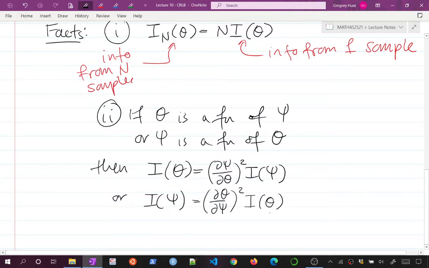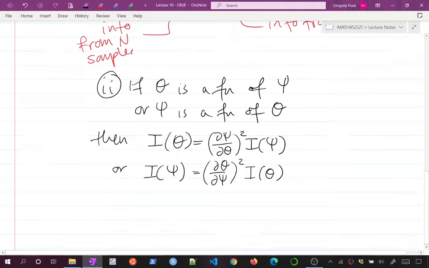So we can go back and forth between them, and all it involves is the derivative of the functional relationship one way or the other, and then you multiply by the information. So the information is tightly related through this square of the first derivative. So this allows us to talk about information of not only the parameter, but other parameterizations. And it's basically just a shortcut. You could derive this straight up, but it's just a shortcut.